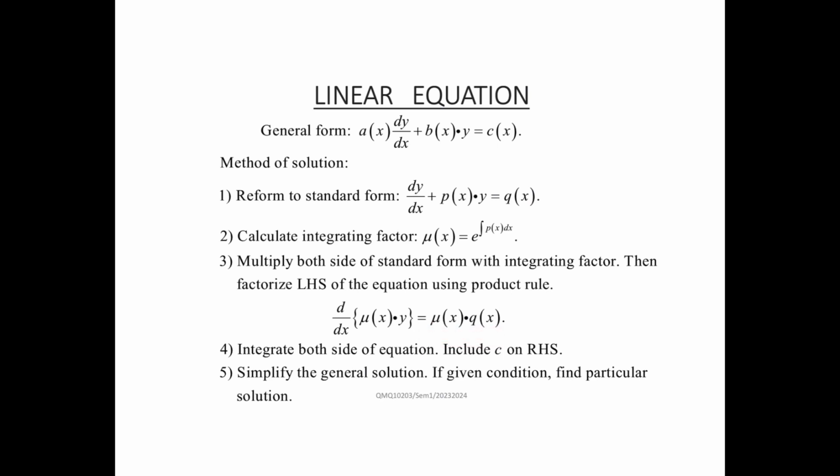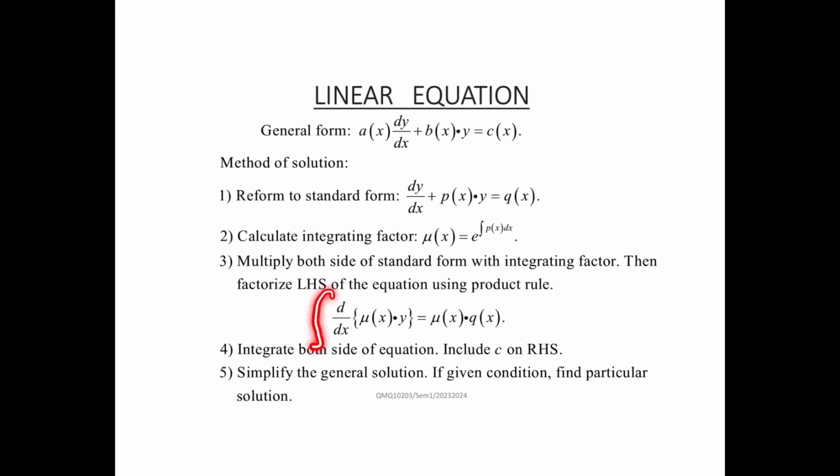Now you observe that if you differentiate this term here, you will exactly get the left hand side when you multiply with mu(x). Because we have a derivative here, to get rid of this derivative, we integrate.